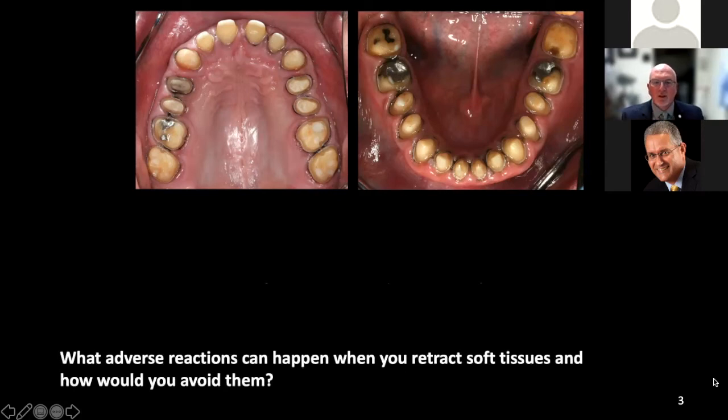What adverse reactions can happen when you retract soft tissues, and how would you avoid them? Probably one of the things that we're concerned about most with retraction is being too aggressive and causing potential tissue recession, especially in the aesthetic zone.